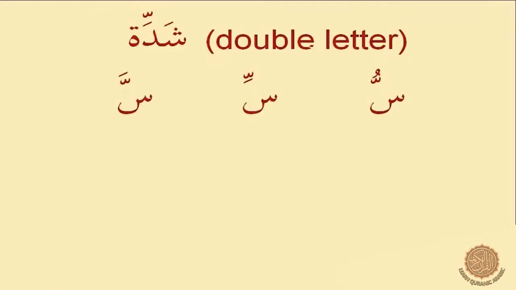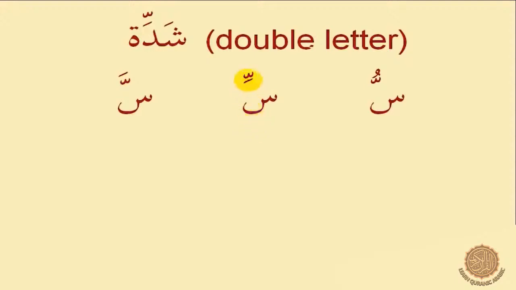So, for example, we have here three seens with a shadda and the three different harakat. So, as you can see, the shadda with a dhamma, the shadda with a kasra, and the shadda with a fatha. One point, the kasra here is usually written under the shadda, or it can actually be written underneath the letter itself.